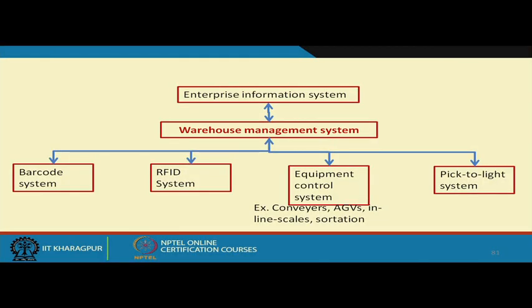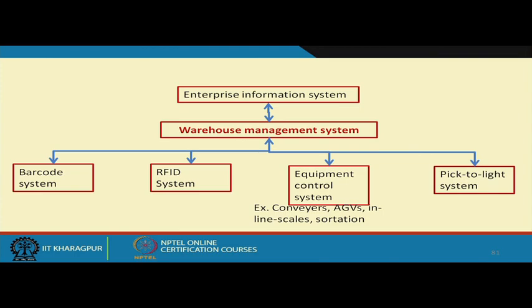So, this warehouse management system gives some data to the enterprise system and also gets data from the enterprise system. There is two-way information flow, and similarly there is also two-way information flow with the barcode system and RFID system, which are for tracking and traceability and automatic data capture.